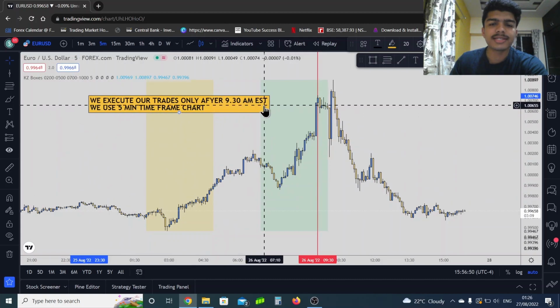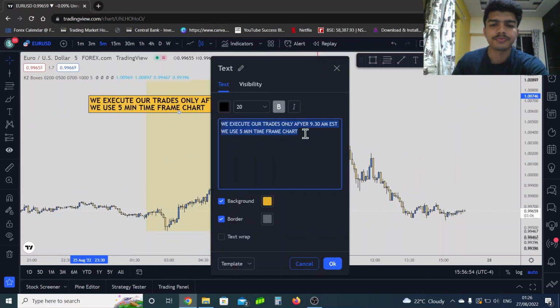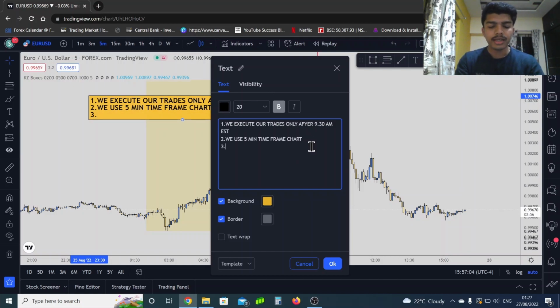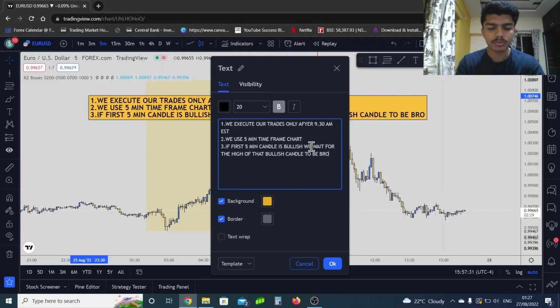Okay, so the next point is, the third thing is, if the first 5-minute candle is bullish, we wait for the high of that bullish candle to be broken to enter a buy order.